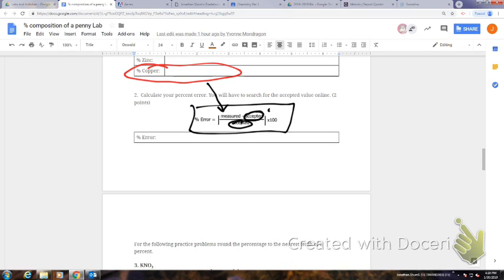The one thing I want you to notice is that it's an absolute value, which means that if you get a negative number, just make it positive, right? So the percent error is basically how far off, what percent off you are from the accepted value, or where you should be. And so we're going to use the percent copper as our measured. We're going to Google the accepted value, plug it into the formula, and then multiply by 100 to get the percent error. Okay?